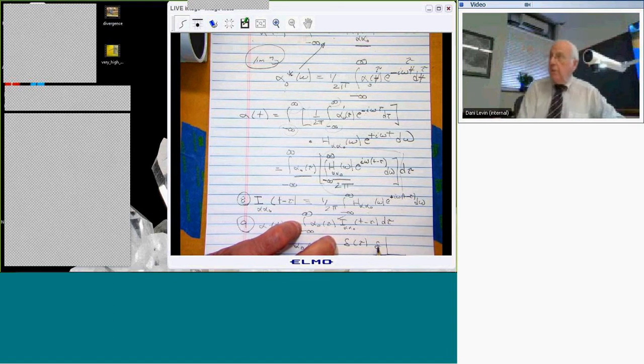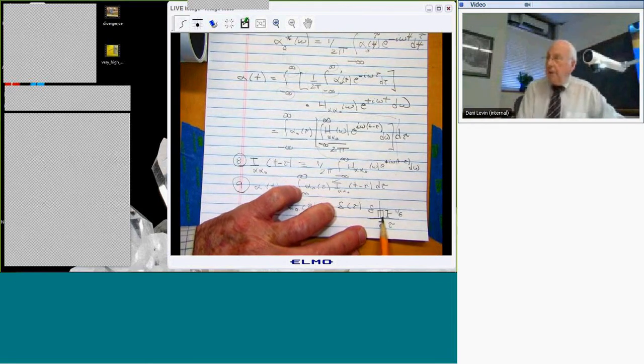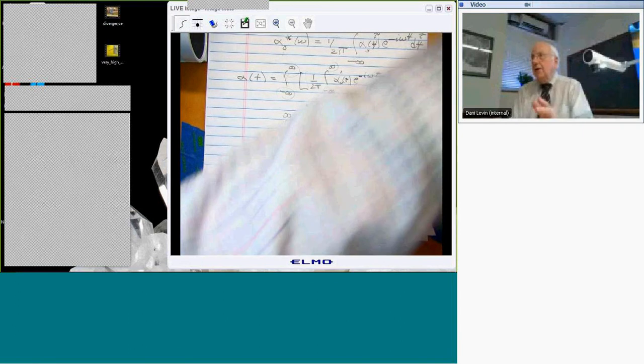It's a function which is zero almost everywhere, except over a small interval of tau, which I'll call epsilon, and whose height is 1 over epsilon, such that the area under this curve is 1, right? It's 1 over epsilon times epsilon. But I'm always thinking of epsilon as being small and letting epsilon tend to 0. When epsilon tends to 0, the width becomes very small, but the height becomes very large. But the area under the curve is always 1.